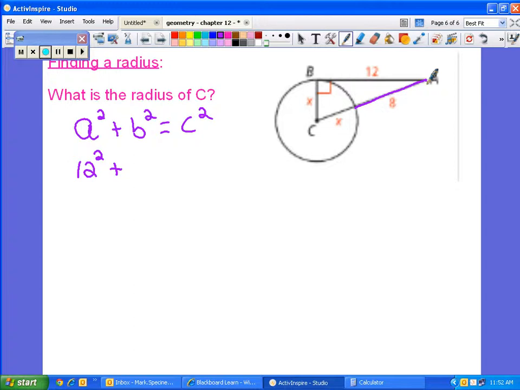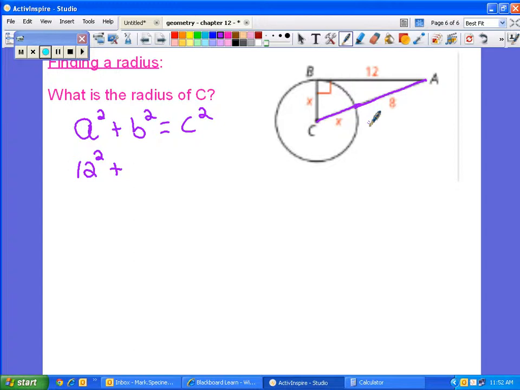Okay, let me ask you a different question. If I told you that x was 4, what's the length of AC? How did you do that? You add it. So let me ask you another question. What changes if I take away the 4? Nothing. Now, how do I find the length of AC? Add it. And which side of the triangle is this?